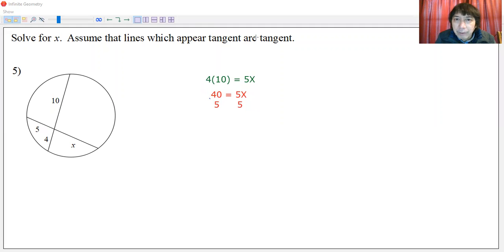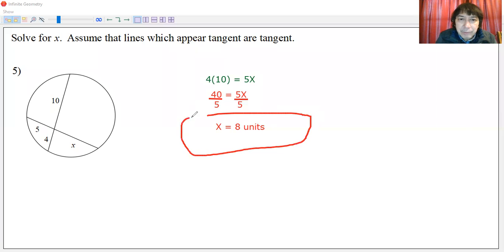So x is equal to 40 over 5, which is 8. This will be 8 units, unit of length, of course. And that's it. This is our answer.